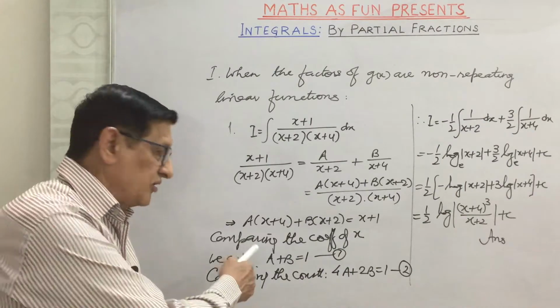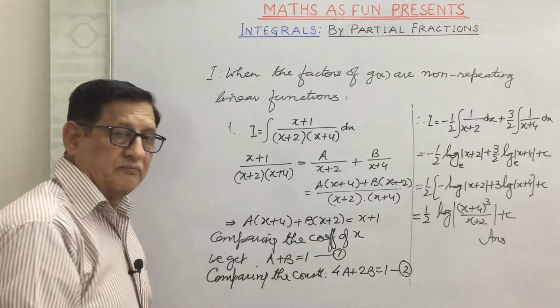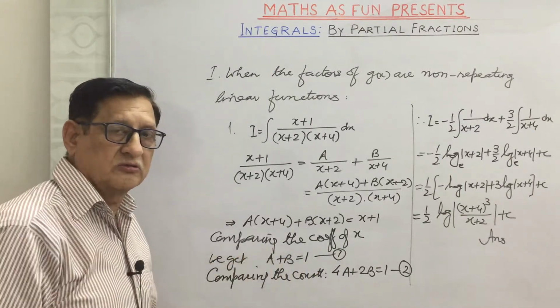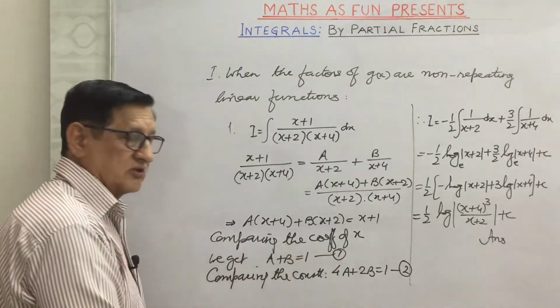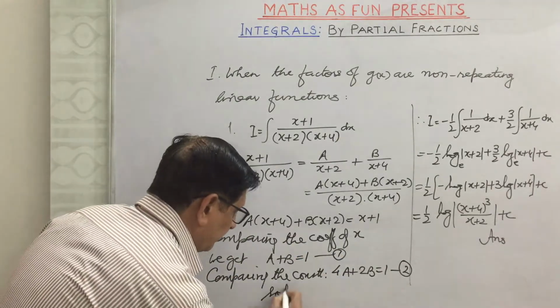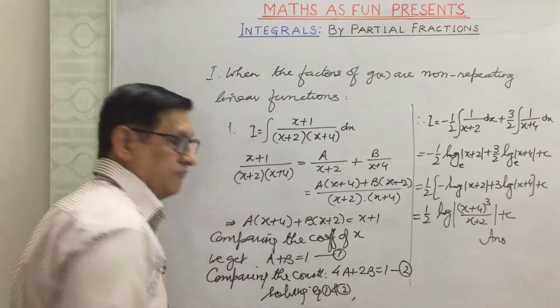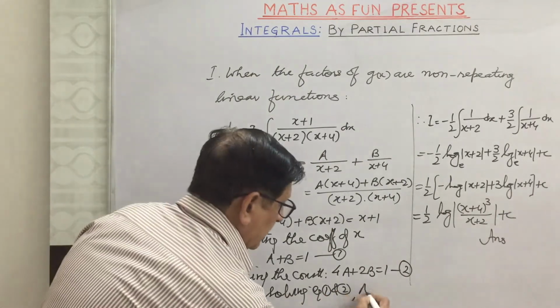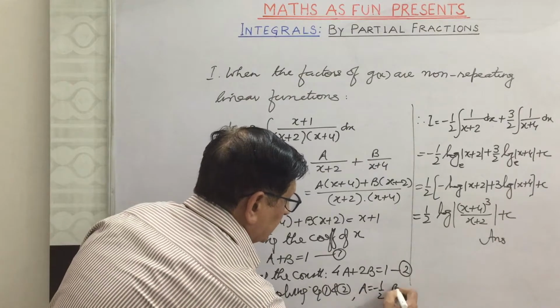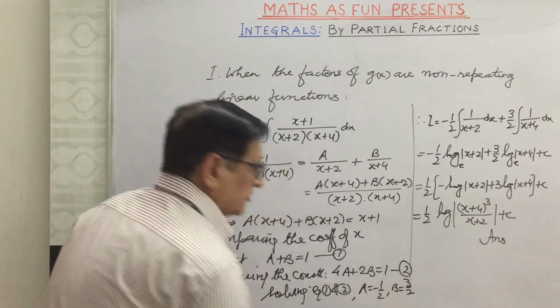This is a pair of linear equations in two variables, and we know how to find the solution of them. If we solve equations number 1 and 2, we will get a equal to minus 1 by 2 and b equal to 3 by 2.